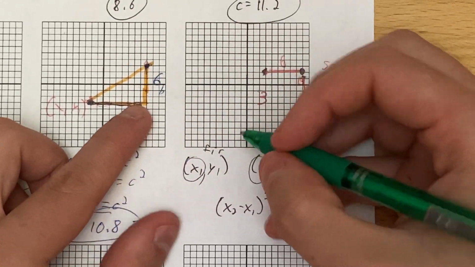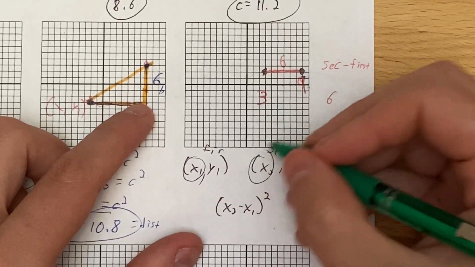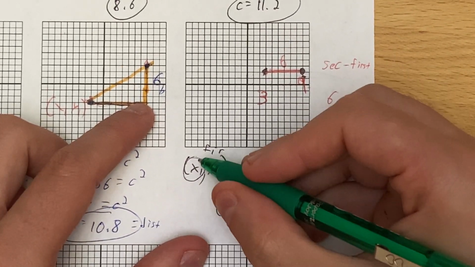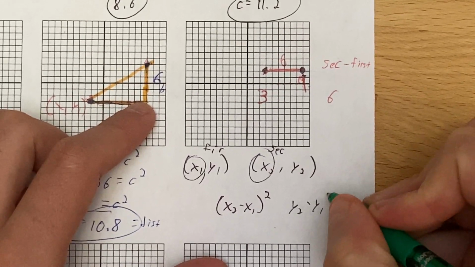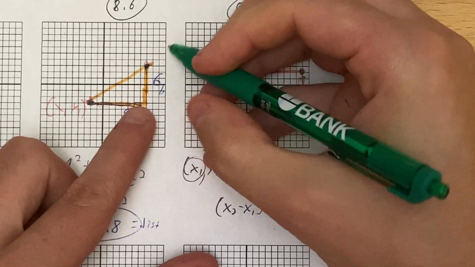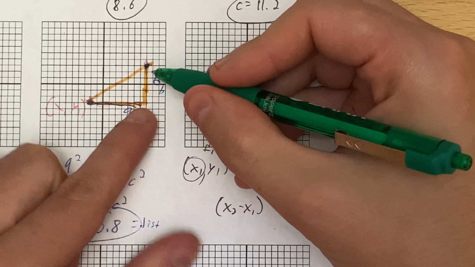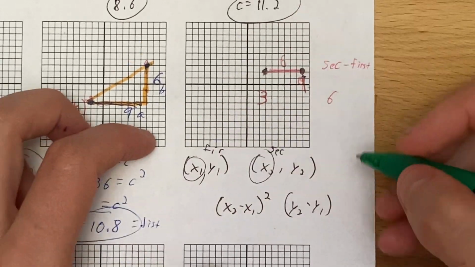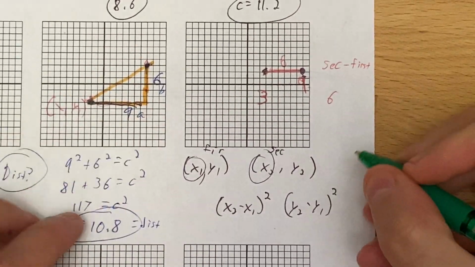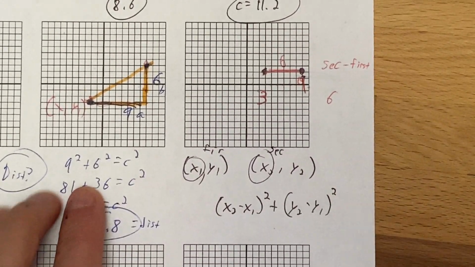But with vertical, you use the y's, because y's is the up and down. So instead of x2 minus x1, we'll do y2 minus y1. And that's going to give us the distance that's vertical, the b. And just like before, you usually square that number. So we're going to square those, and they're being added together.